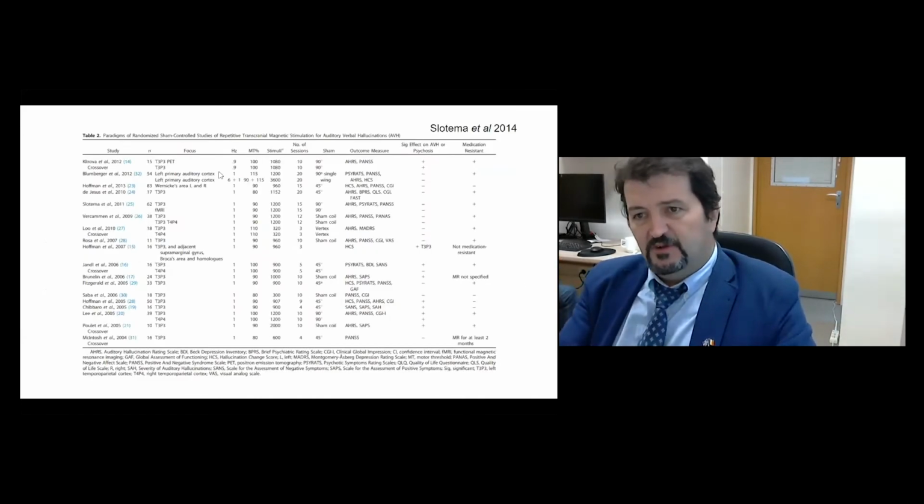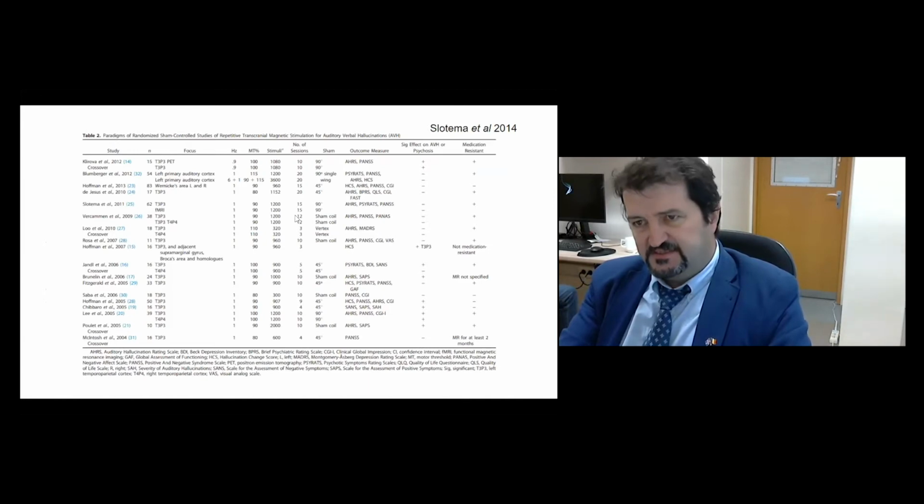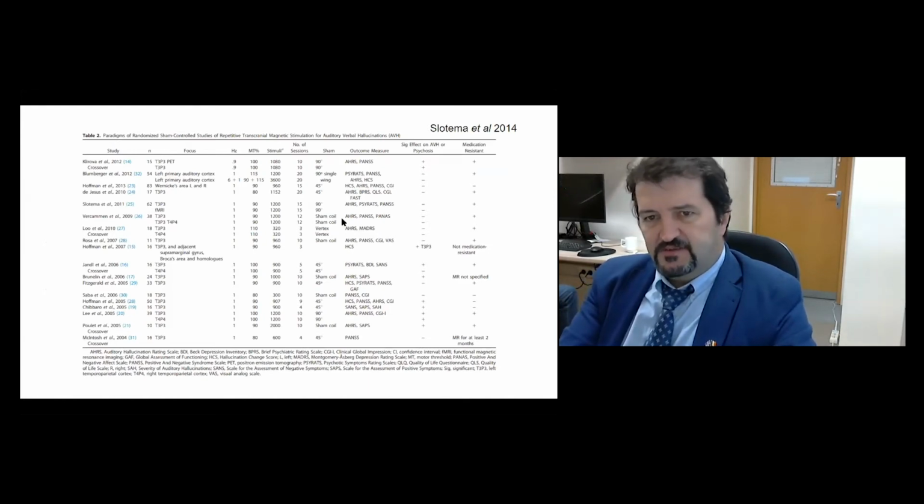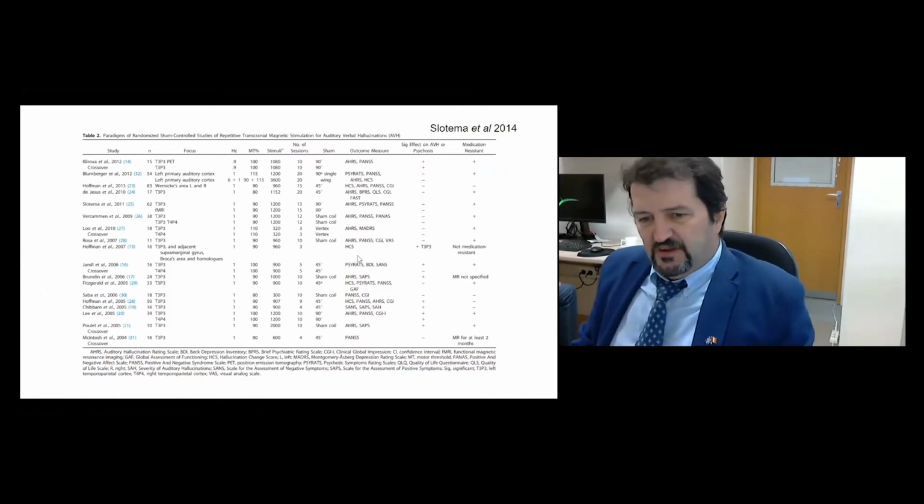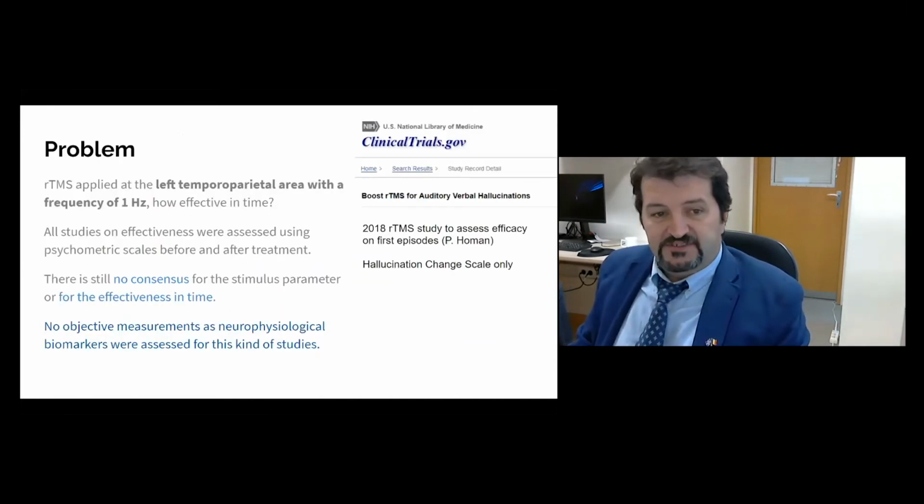So the problem in these years, since 1999, was that all the outcome measurements for this auditory verbal hallucination were measured with subjective psychometric scales, which are instruments. We ask the patient how they hear the hallucination before and after the treatment, but no objective measurement was done until now.